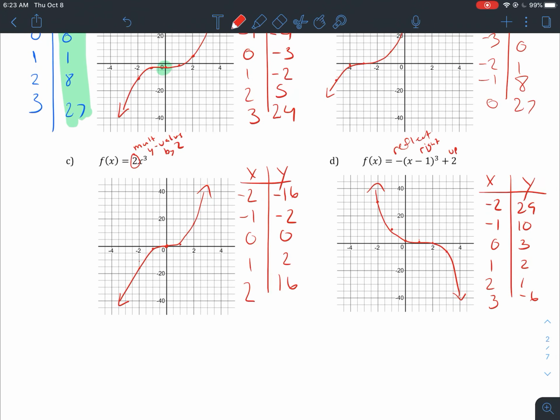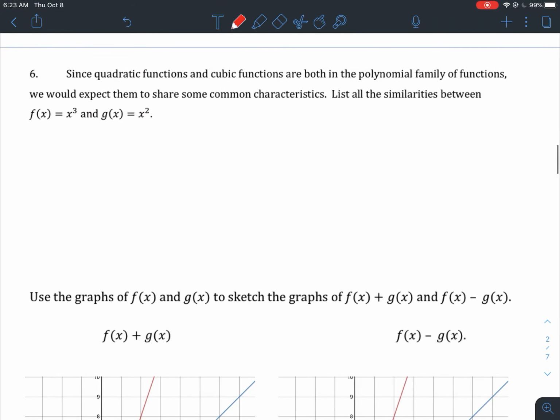Now for number 6, it says, since quartic functions and cubic functions are both in the polynomial family of functions, we would expect them to share some common characteristics. Look for similarities between x cubed and x squared.